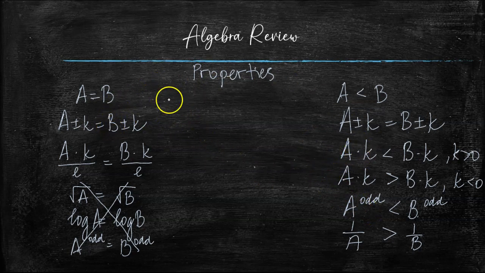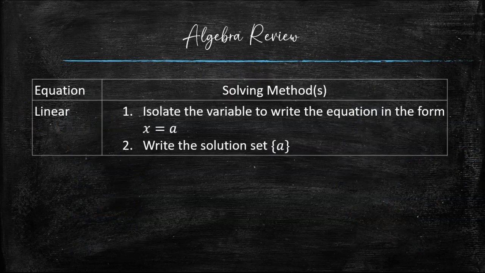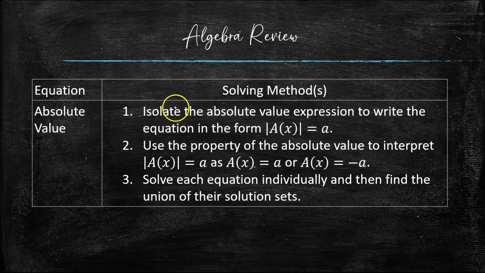So these are the properties of equations and inequalities. So when we say here, isolate the variable to write the equation in this form, we mean isolate it by adding, subtracting, multiplying, dividing both sides of the equation by something to make it look this way. All right, absolute value equations are solved using the property of absolute values.